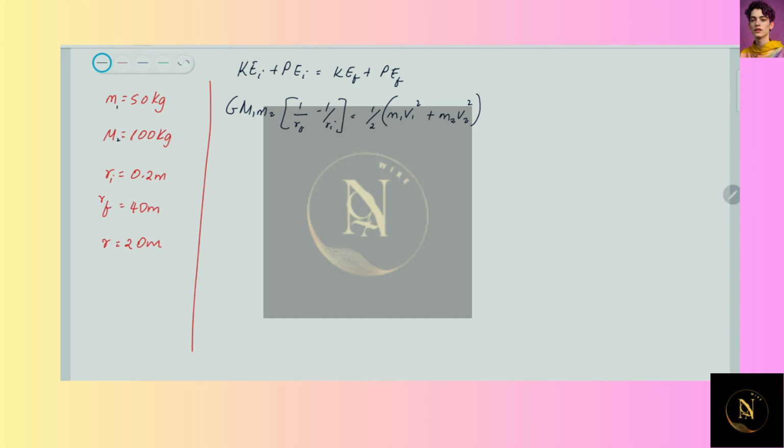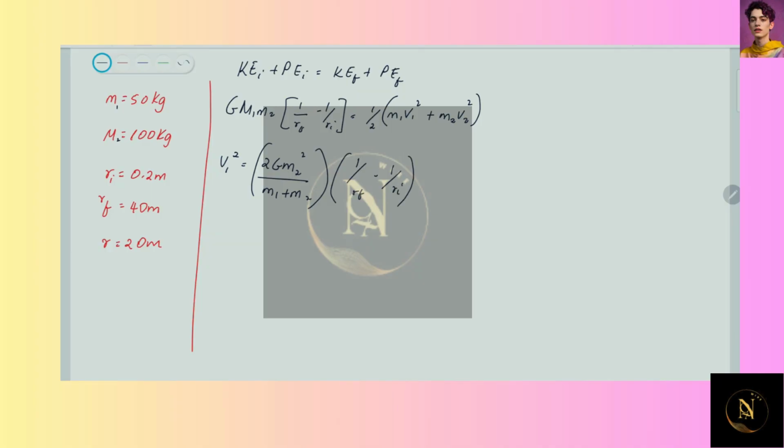So from the law of conservation of linear momentum, M1 V1 should be equal to M2 V2. So therefore, if you factor in this equation, V1 squared should be equal to 2G M2 squared over M1 plus M2, multiplied by 1 over RF minus 1 over Ri.